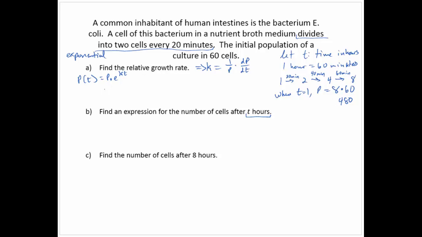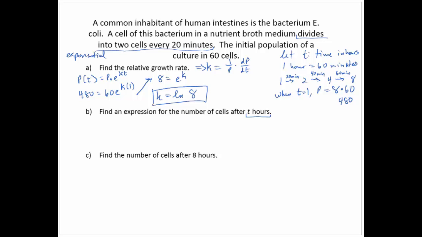Now letting t equal 1, then I would have 480 is equal to 60 e to the k times 1. Dividing by 60, 8 would equal e to the k. And so solving by applying the natural log, we find that k is the natural log of 8. And that is the relative growth rate.